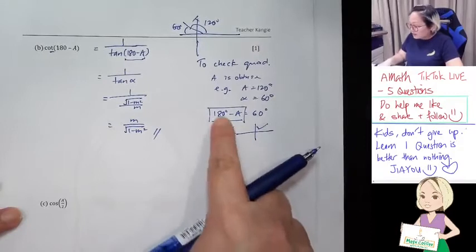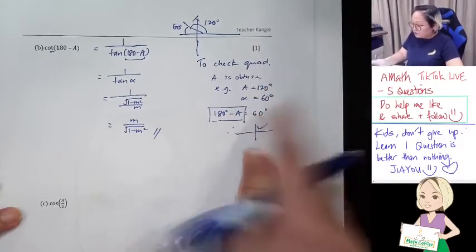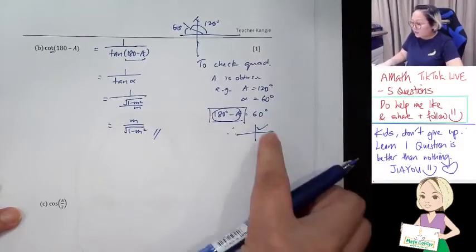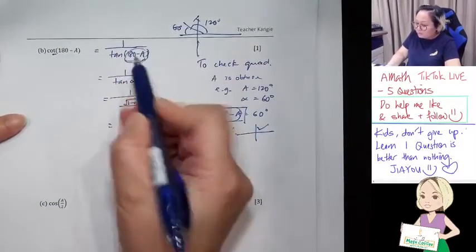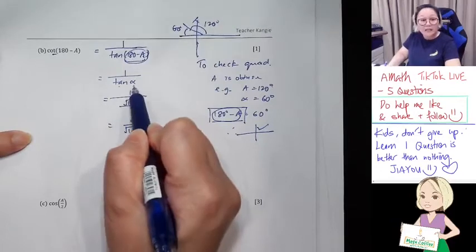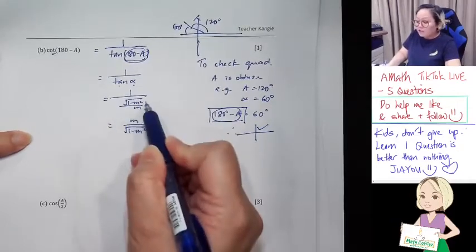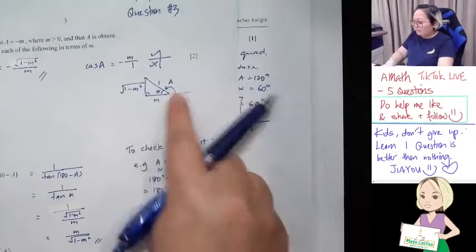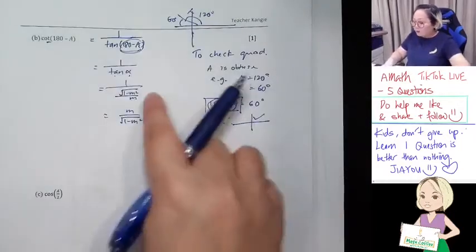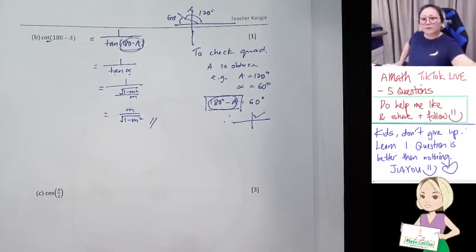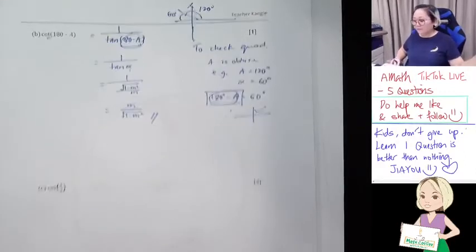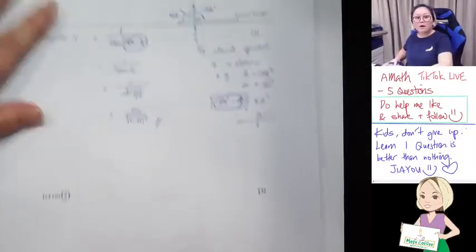So I take 180 minus 120, I get 60. So we know this whole thing is in the first quadrant. So since the whole thing is in the first quadrant, it equals tangent of the basic angle. So just take the same triangle from just now, take the O and A, but without the negative, and we get the answer. Can? All okay for this question?